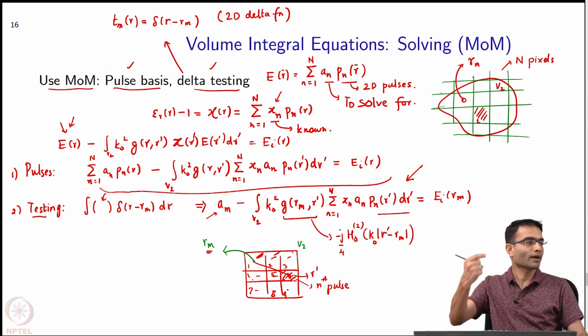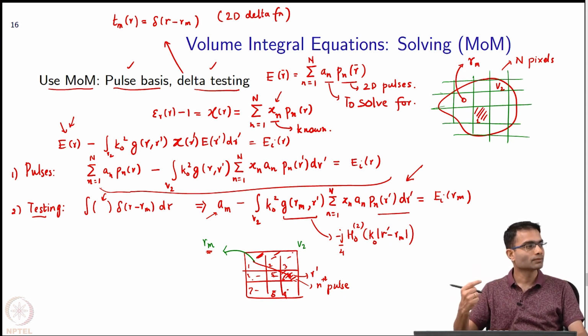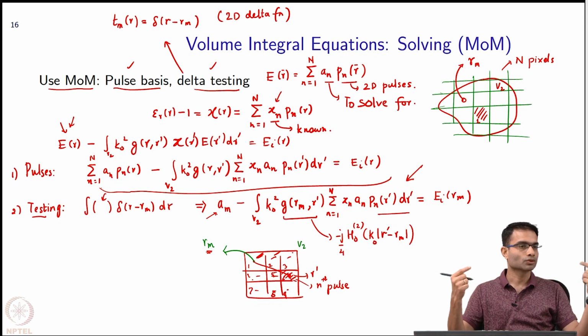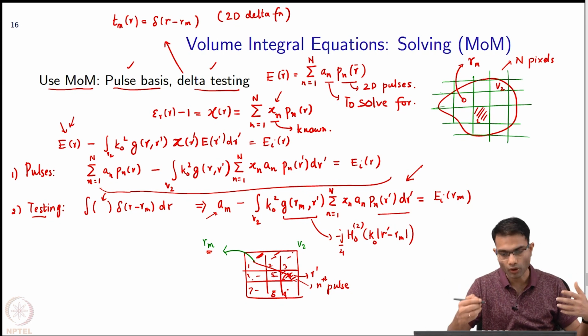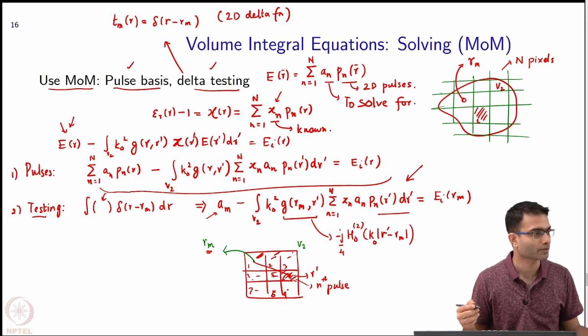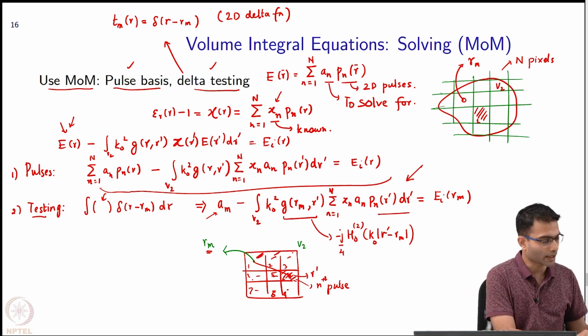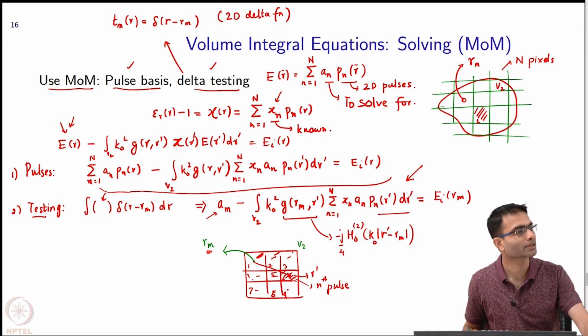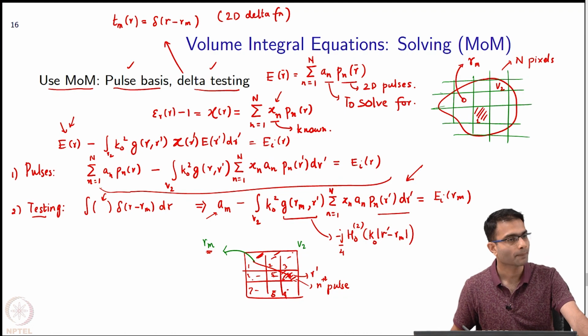So, I will have one equation, how many variables? 9 variables. A1 to A9 are my variables. I have got one equation, 9 variables. So, the procedure would be repeat for all 9, I get a 9 by 9 equation to solve for. Okay. So, that is the strategy that we will follow. Is it clear what is happening over here?